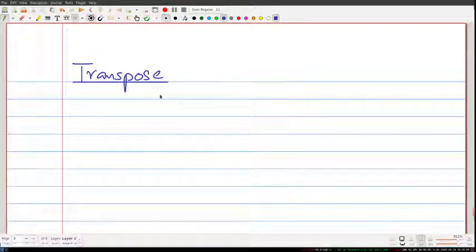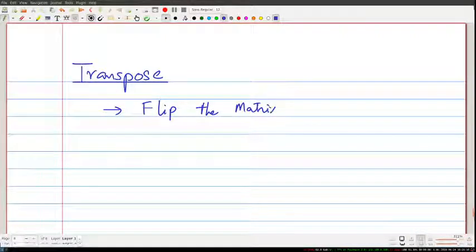The transpose matrix is simply, in heuristic terms, not a mathematical definition, flip the matrix along the main diagonal.